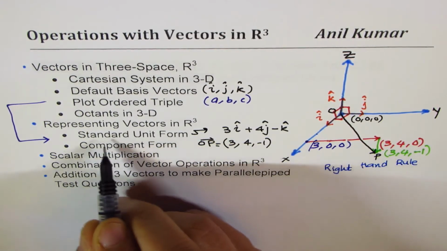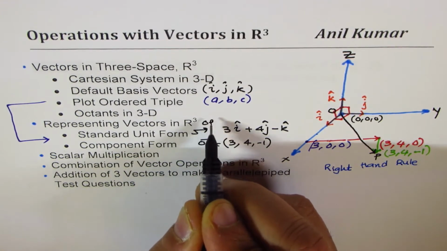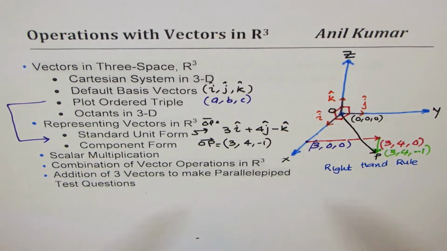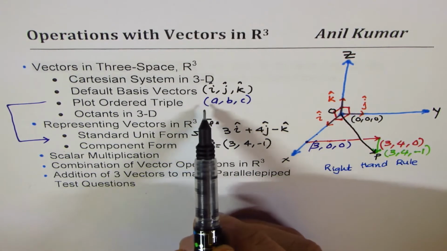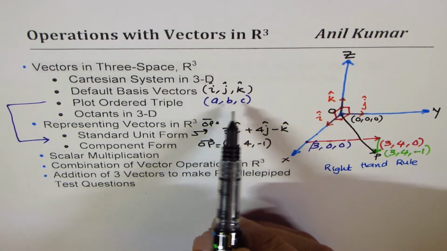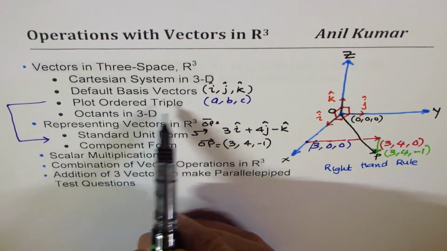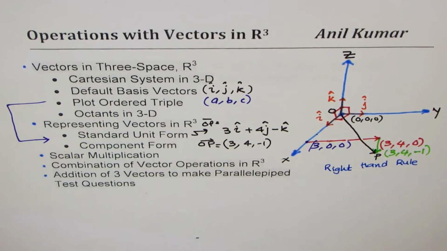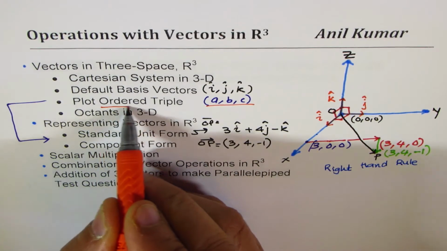That becomes the standard unit form of the same vector OP. I hope it is very clear how to represent these vectors. And this kind of representation (a, b, c), like in the coordinate plane you had x and y, is termed an ordered triple. So remember this, that is the ordered triple.